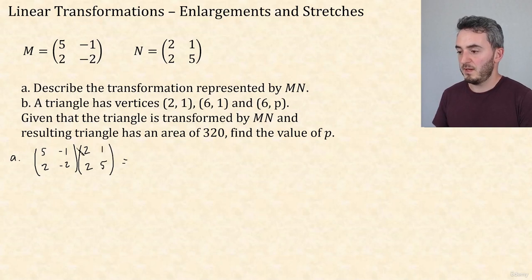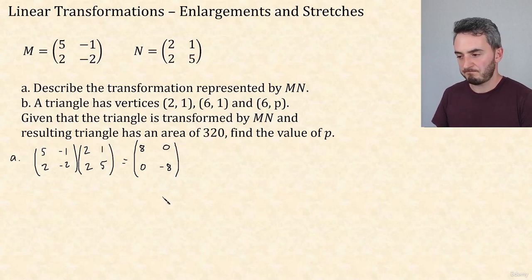So 5 times 2 is 10, minus 2 is 8. 5 times 1 is 5, minus 1 times 5 is minus 5, we get 0. Then it's 4, minus 4 is 0. And lastly, 2 minus 10 is minus 8.